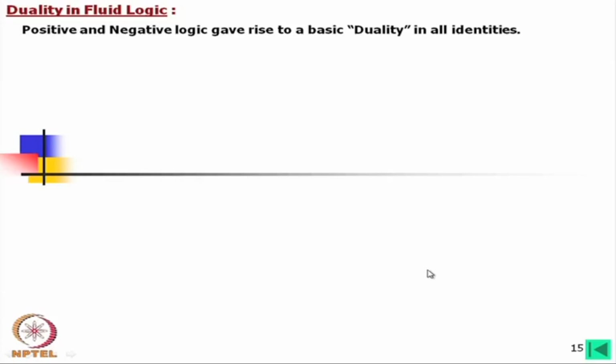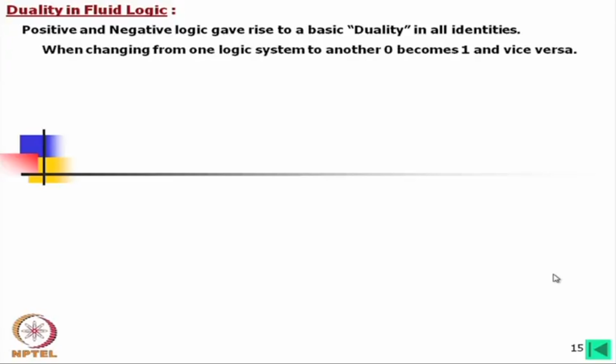Positive and negative logic gave rise to basic duality in all identities. When changing from one logic system to another, 0 becomes 1 and vice versa. So, these are termed duality. Just saying these sentences, you may not have a feeling immediately, but if you read it, if you learn it, you will have this feeling.